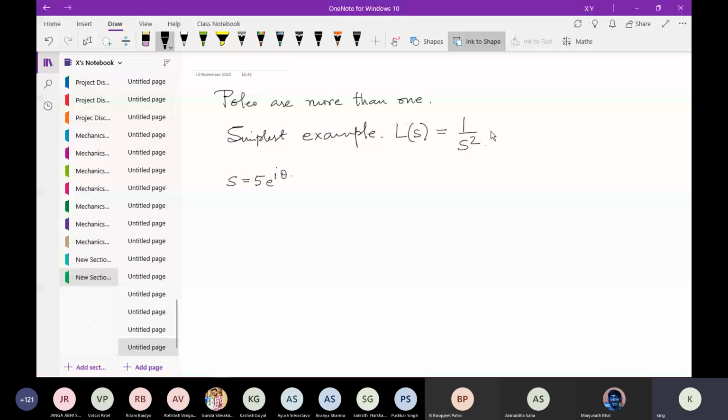Oh, okay, I'll keep it as 1 itself. Emphasize the point. So this will be 1 by 25. That means 0.04.